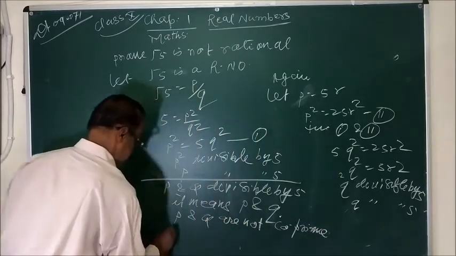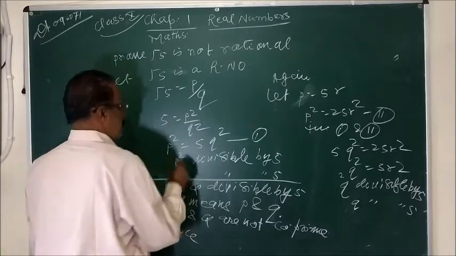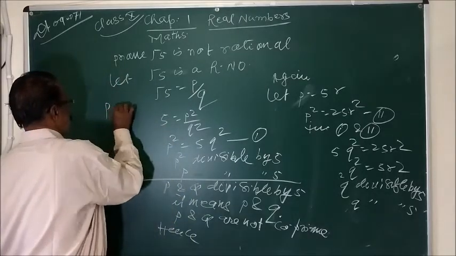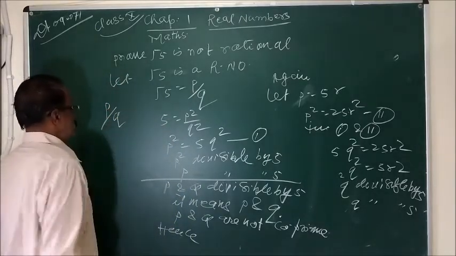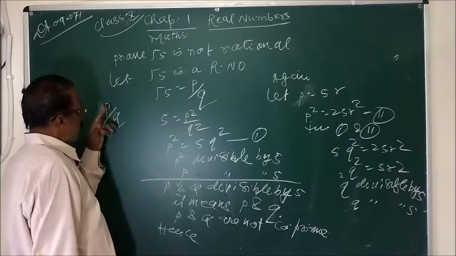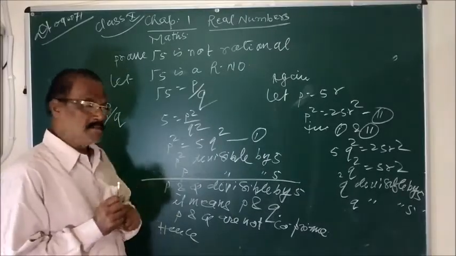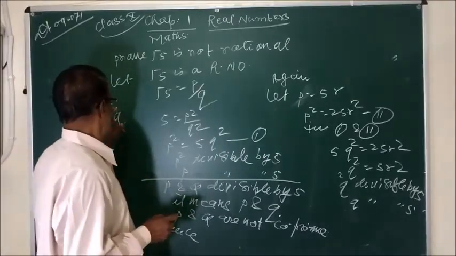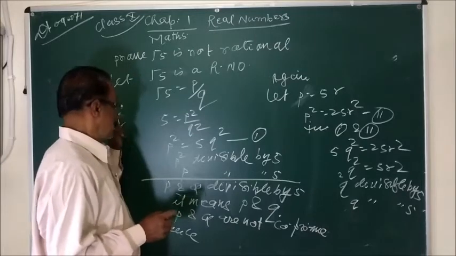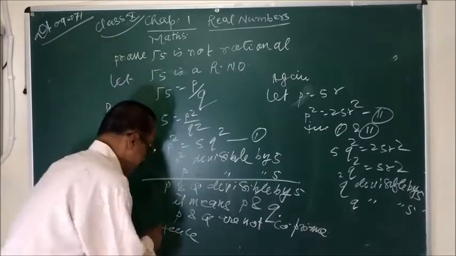Hence, this is the conclusion: because p by q is a rational number, if you write it in the simplest form, these two will not have anything common except 1. But here we see p and q both have 5 common, because both are divisible by 5.